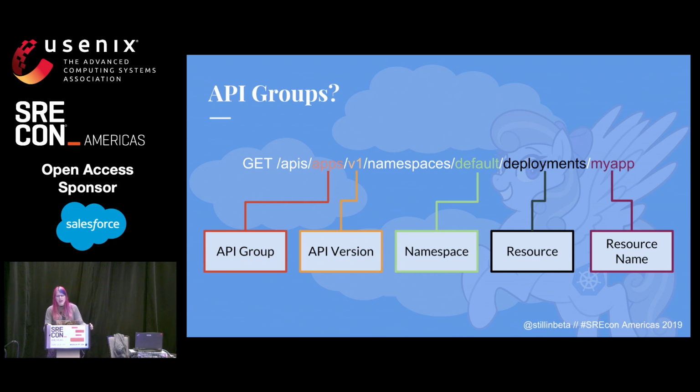That's because it doesn't have an API group. But then we have a version, a namespace, a resource, and a resource name. And this is basically the way API server sees the world. Pretty much every single URL in Kubernetes is going to look something like this.